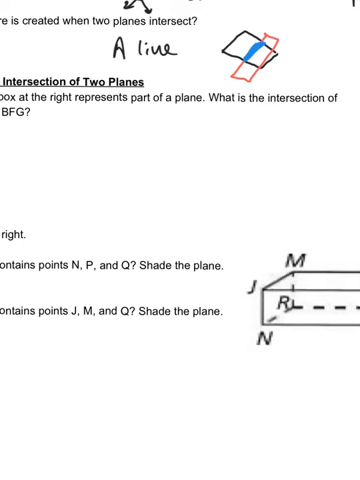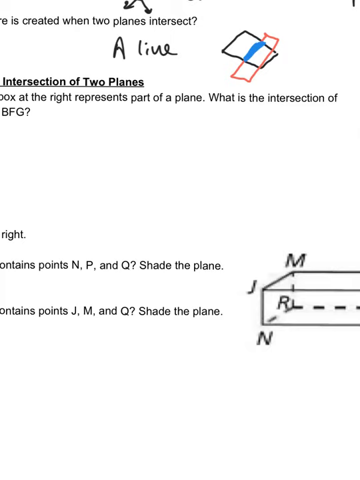All right, part 3, it tells us, each surface of the box at the right represents part of a plane. What is the intersection of plane ADC and plane BFG? Okay, well, first thing I'm going to do is identify what plane ADC is. Okay, and it is this plane that is on top of the cube, and then plane BFG, which is to the right if we're looking at it.